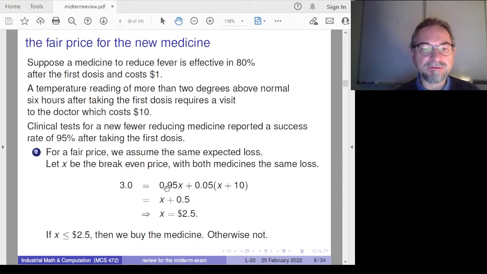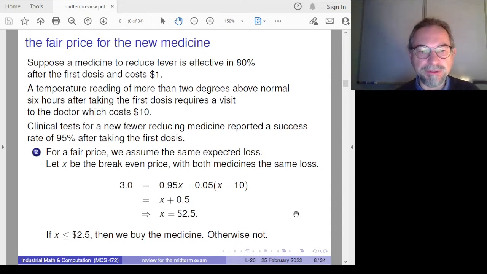Well, it turns out that you can go as high as $2.50. Now, why is that? Because the first medicine has an expected loss of $3. And now you compute the expected loss with a variable. So we don't know what the price is that would give the same expected loss.